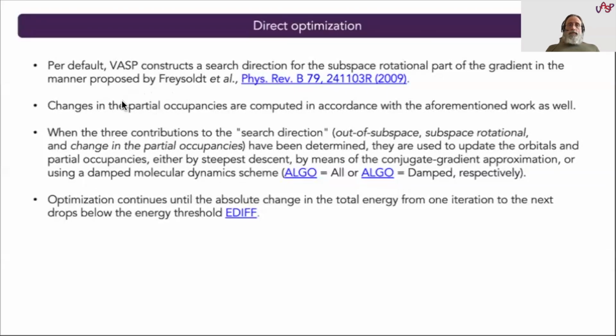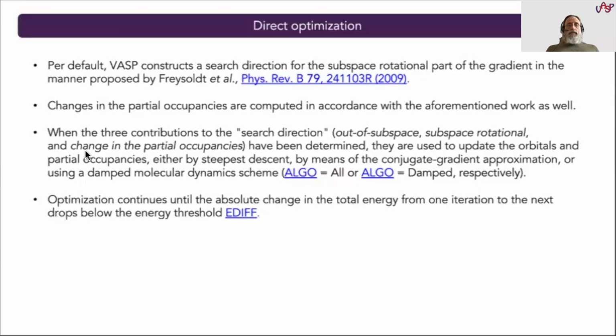One point to be made: there are three components to the gradient and three search directions. Like I said before, an out of subspace gradient and search direction, a subspace rotational part, and then, associated with this term that I didn't want to discuss, there's also a search direction for the partial occupancies.